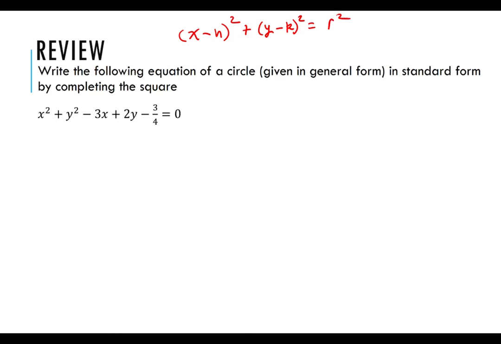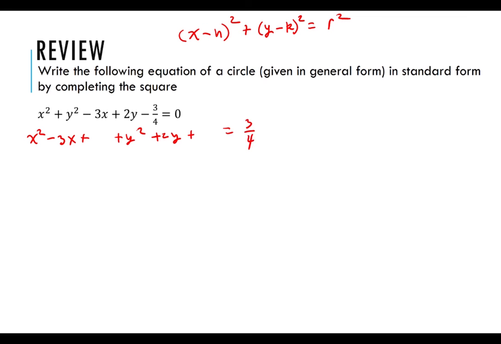And so that's the standard form of a circle, and so let's get it in that format. I'm going to go ahead and rearrange all this and leave some spaces. And so I have x squared minus 3x plus a space plus y squared plus 2y plus a space. I'm going to go ahead and move that 3/4 over so it's equal to 3/4 on the other side.